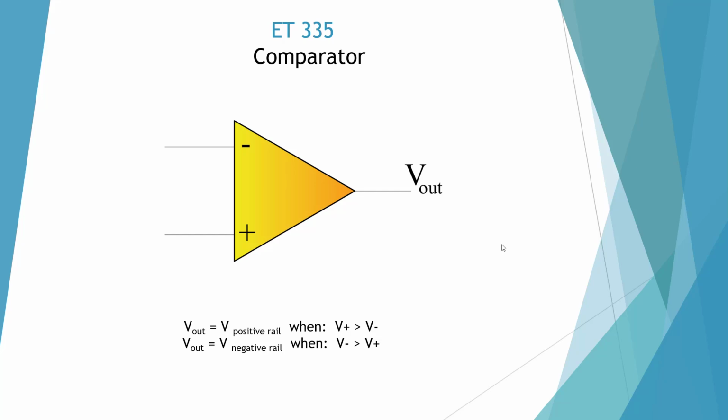They do have rail to rail, which is going to go all the way to the power supply, but most of them are limited to where the power is. So if I put a higher voltage in inverting, I'm going to go to the minus rail. If I put a larger voltage in non-inverting, it's going to go to the positive rail. So whichever one is larger, it's going to send it to that rail.